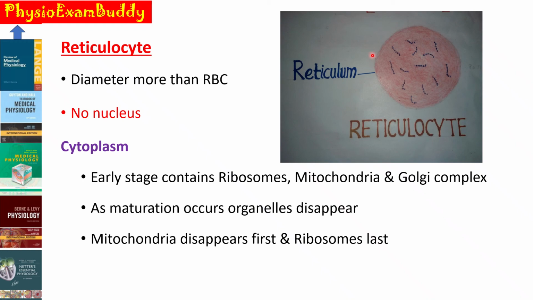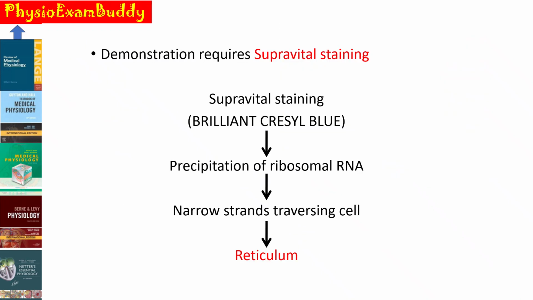So how will you draw a reticulocyte? It should be the same diameter or slightly more than that of the red blood cells, and you should not draw any nucleus in this reticulocyte, but instead you have to draw certain reticulum thread-like structures using a blue ball point pen. You have to put small dot-like strings, demonstrating the reticulum, and the cytoplasm is again red because of the presence of the hemoglobin. And how is this reticulocyte demonstrated?